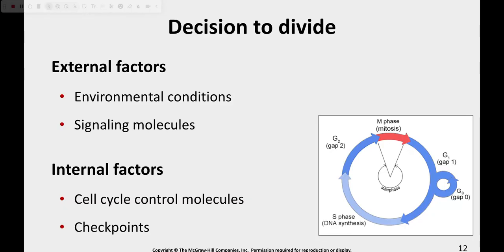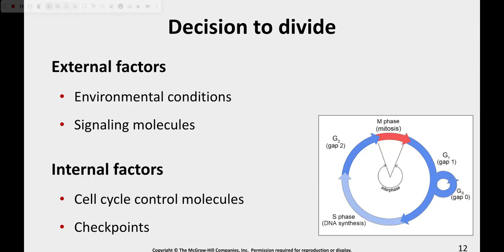There are also checkpoints within the cell cycle, kind of like a security station, to make sure the cell has the proper credentials before it can move on to the next phase. So a whole variety of factors determine whether or not it's going to divide.